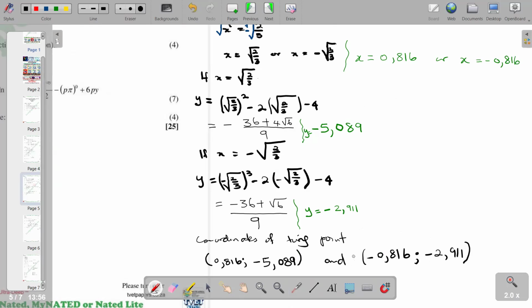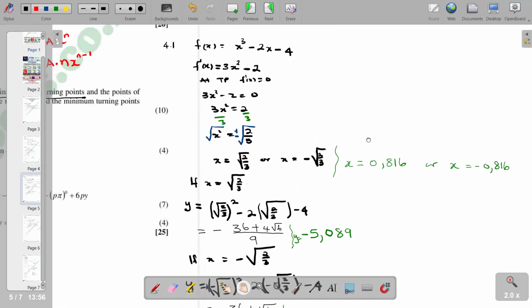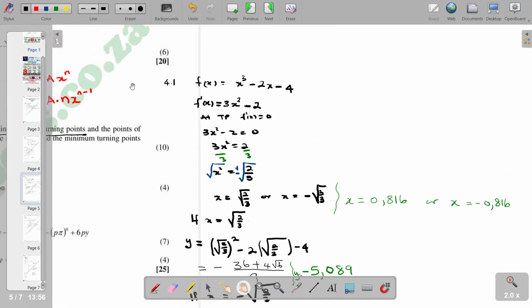Bottom line, you just have to know that to get the coordinates of turning point, let's summarize the steps that we have to follow. Number one, get the first derivative, meaning differentiate the given function.